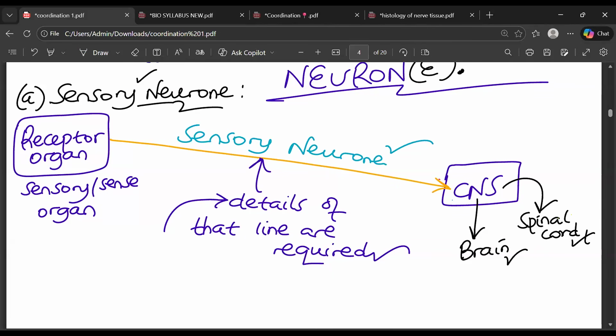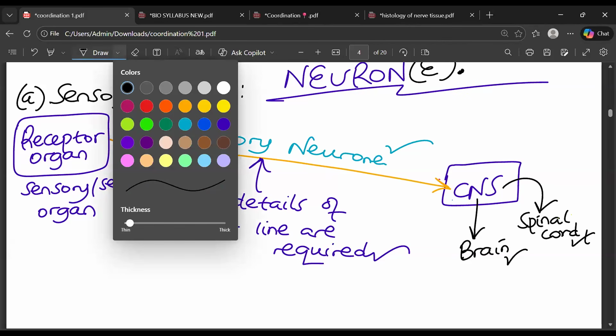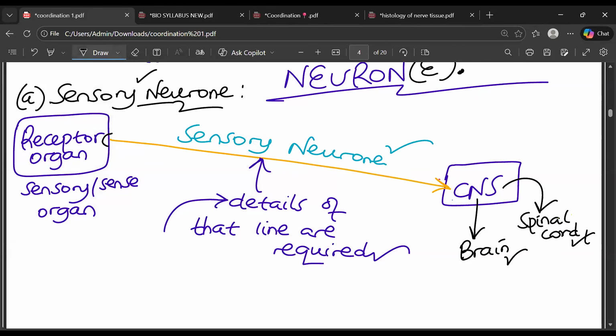We really want to know how it is connecting with the receptor organ. How is that line connected to the receptor organ? Then we also want to see how that line is connected to the CNS. Are they just connected with super glue?